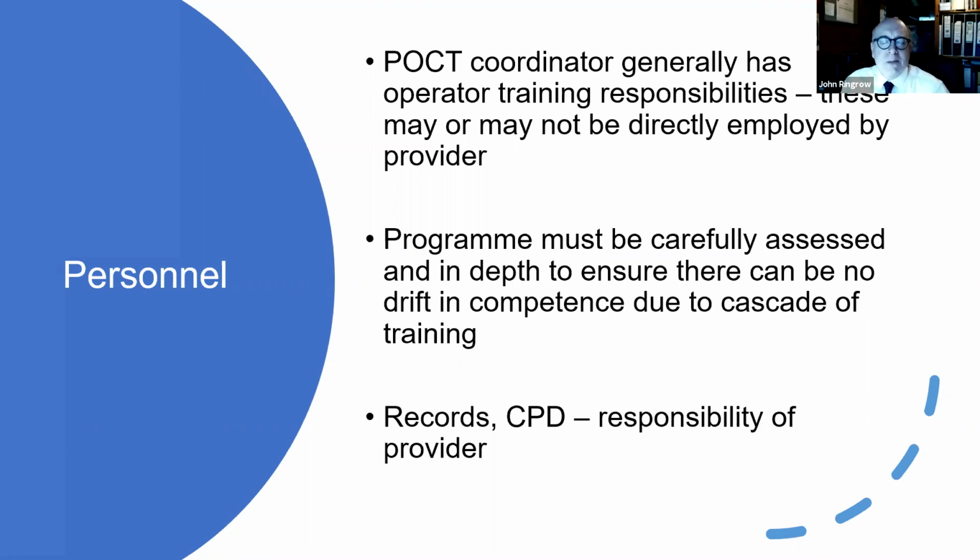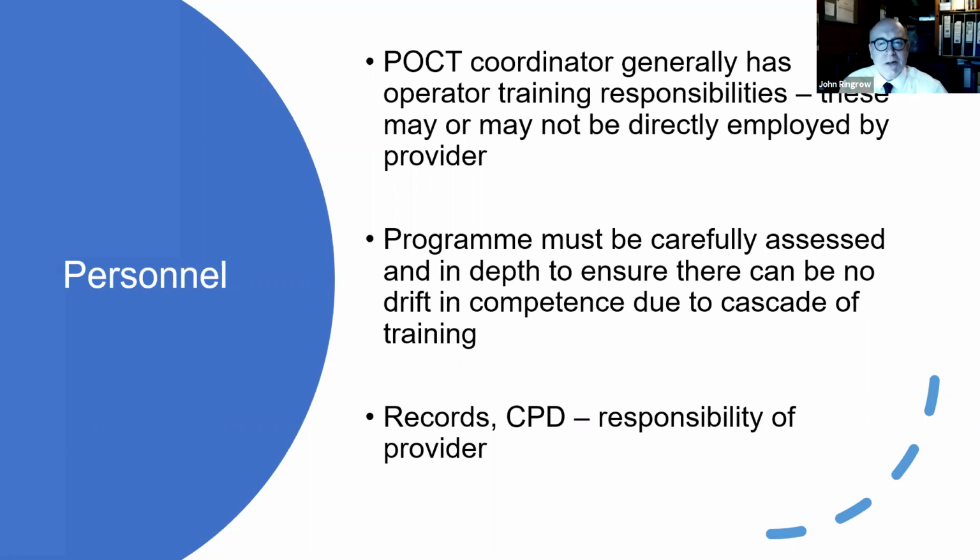They're provided by a particular manufacturer, and that manufacturer may be providing some of the training directly for the users of those pieces of kit. However, it's still the responsibility of that overall point of care group and the provider to be very aware of and really directing what kind of training is required to make sure that the needs of that particular organisation are met in terms of training and in terms of maintaining competence.